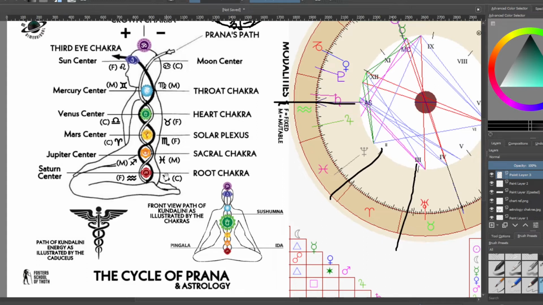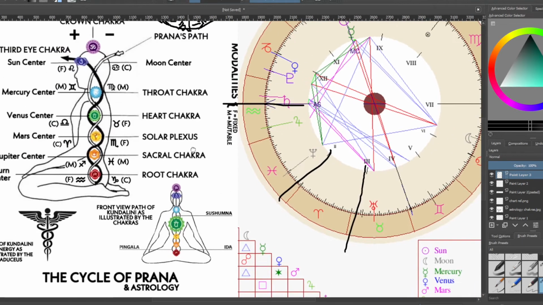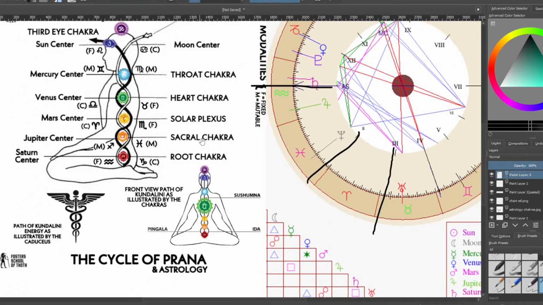So this person's going to be a very internet-based person, very kind of almost alien-like, almost a little bit psychic. And they also got Neptune. You're very psychic.